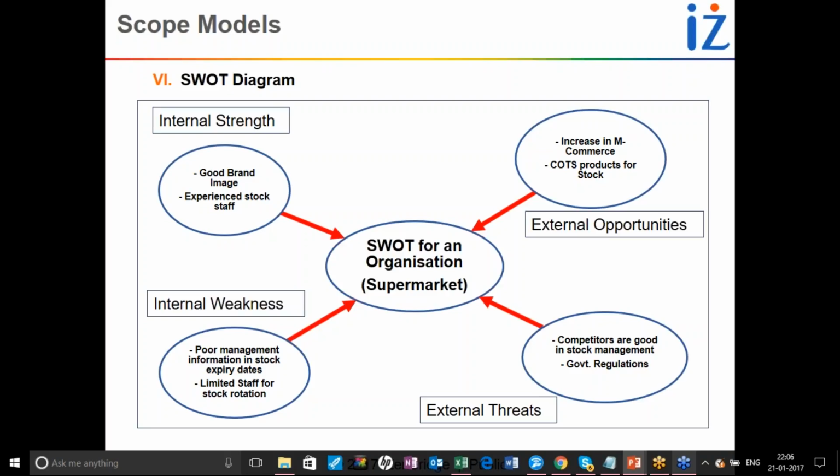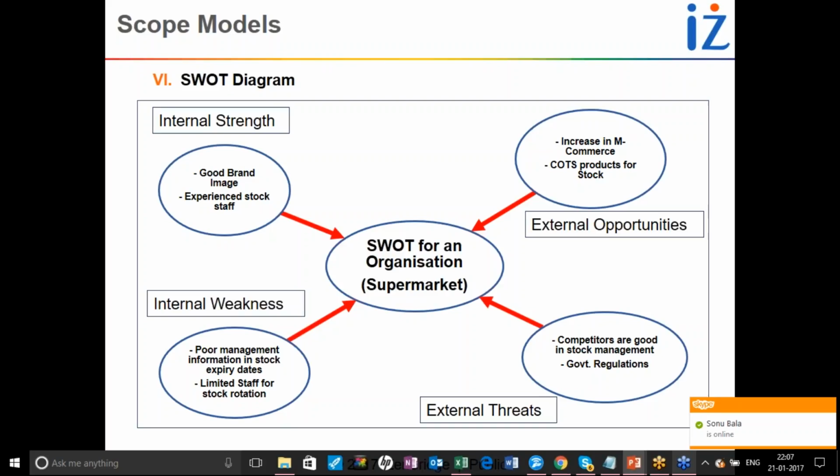If I take the example of a supermarket, here the internal weakness is that the staff is not good at stock management, and in the store customers sometimes find stock where the expiry date has already passed.